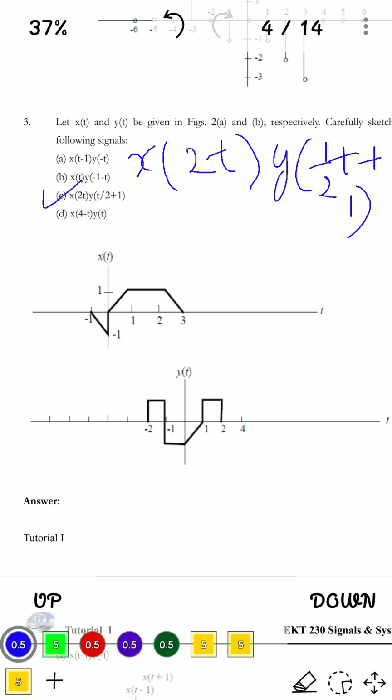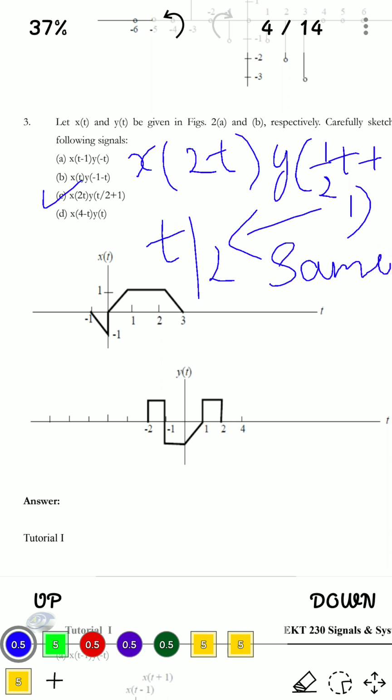You need to make sure that your t by 2 and your 1 by 2t both are the same. So this C question is the same as what is given. In the C question it is given as y of t by 2 plus 1, but here it has been given as 1 by 2t, both are the same.